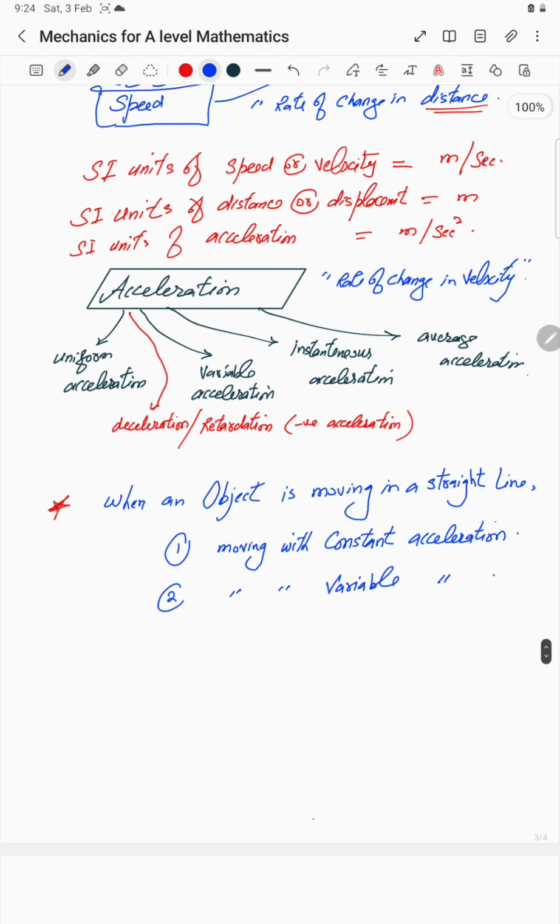These two things we have to deal with while discussing the motion of a particle in a straight line. So we need to identify whether it is moving with constant acceleration or variable acceleration.